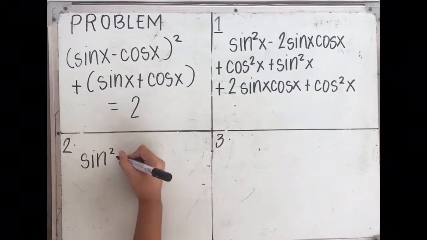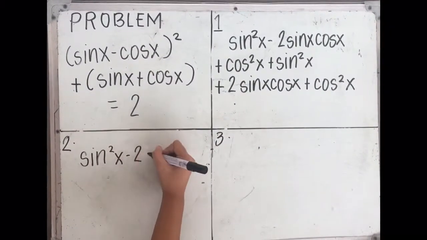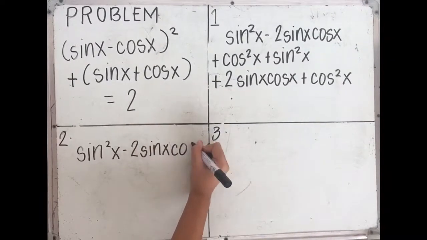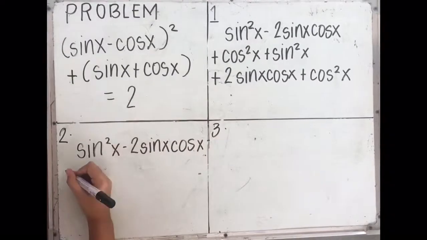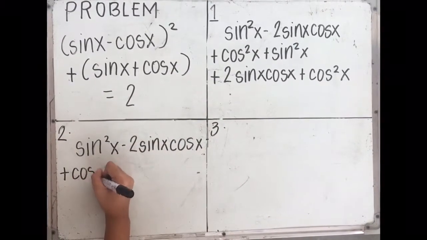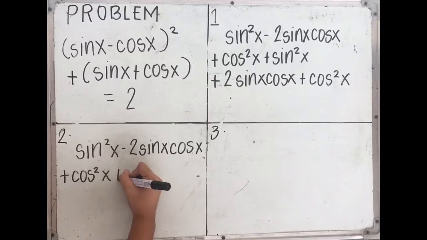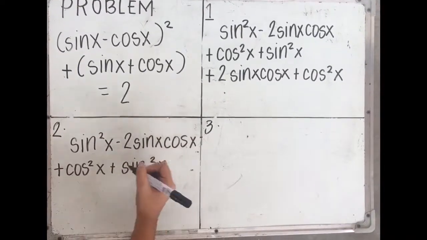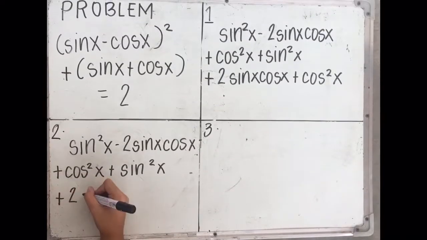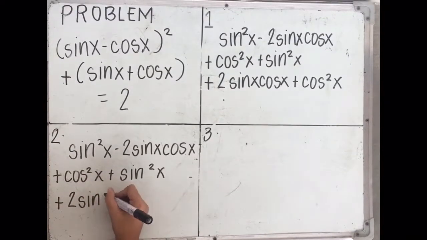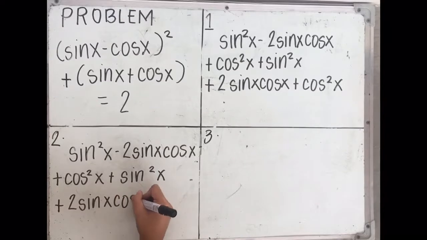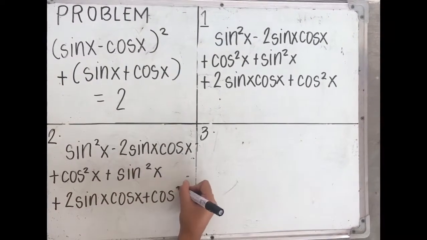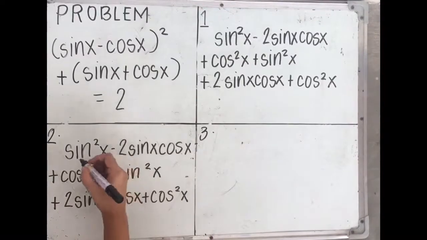So number 2, sine squared x minus 2 sine x and cosine x plus cosine squared x plus sine squared x plus 2 sine x and cosine x plus cosine squared x.